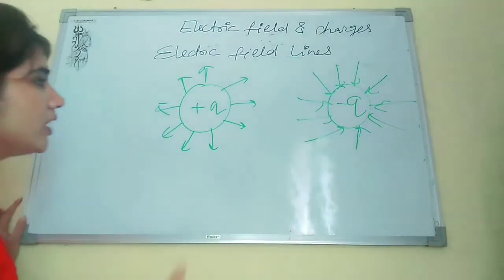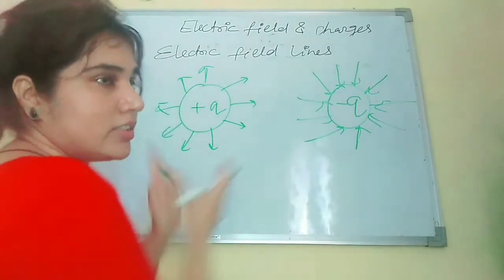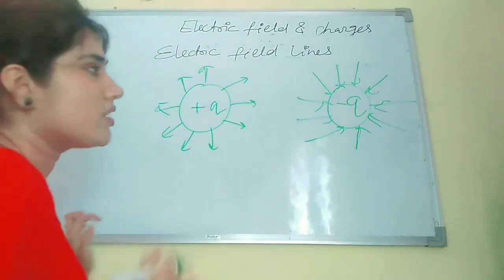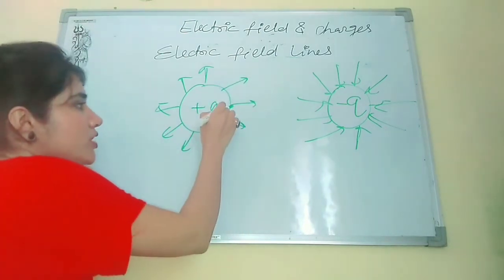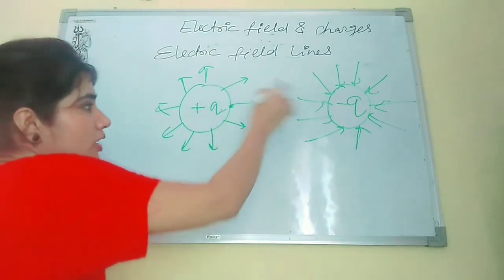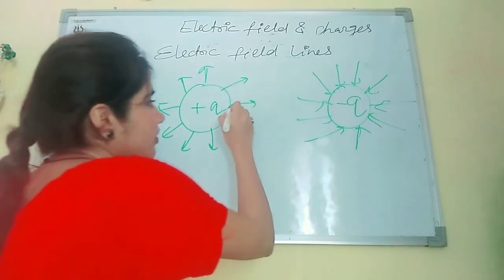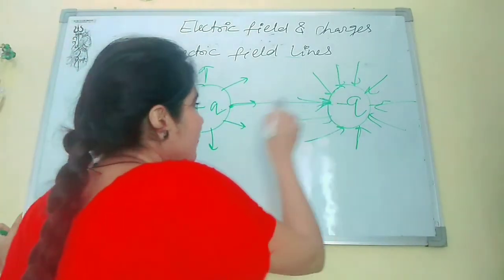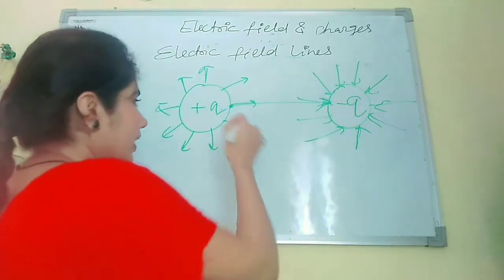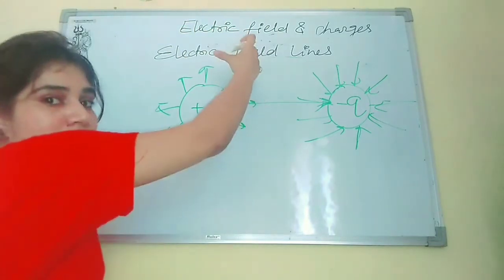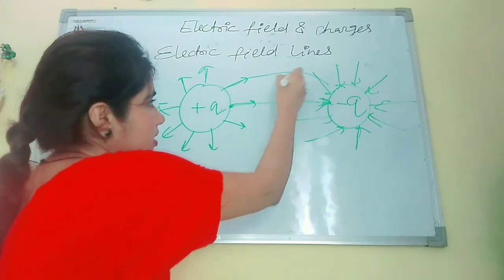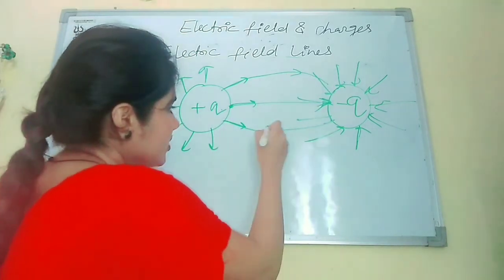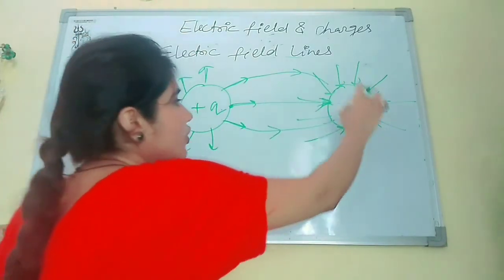So what will happen if we put both charges in the region with some distance? The electric field lines will appear from the positive charge and pass from positive to negative like this. At the center, it will go straight, and when we move away from the center, it will form a curve like this, from positive to negative.